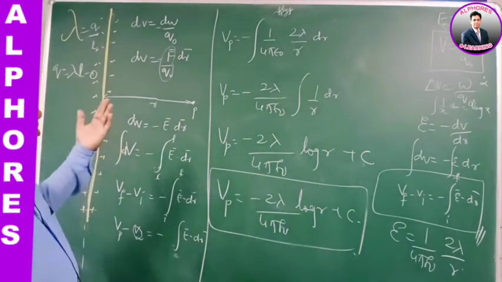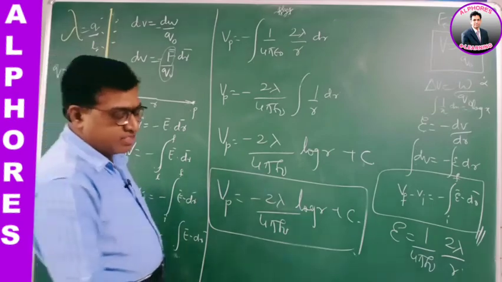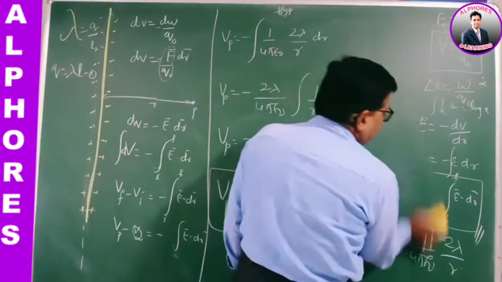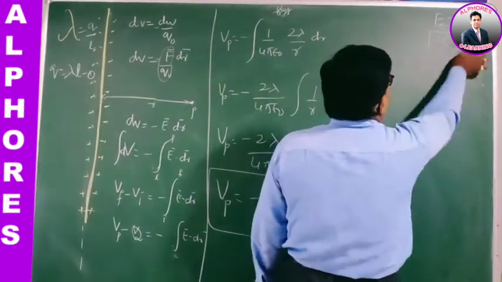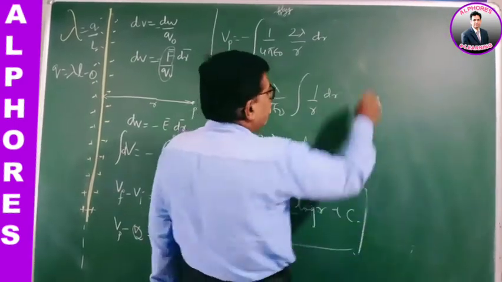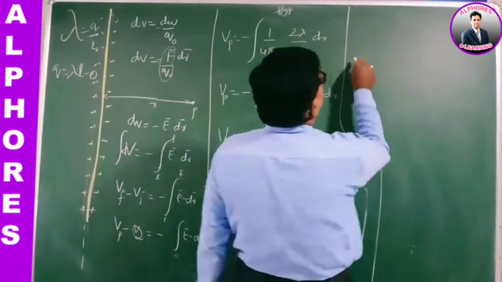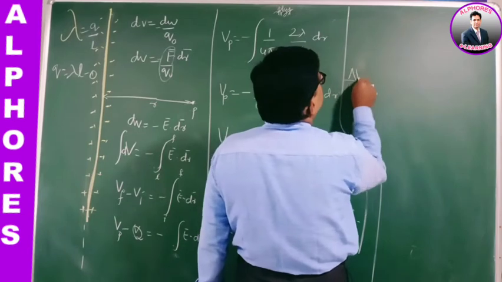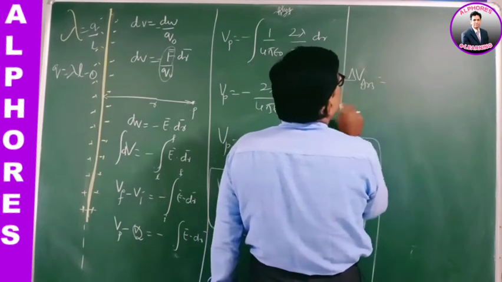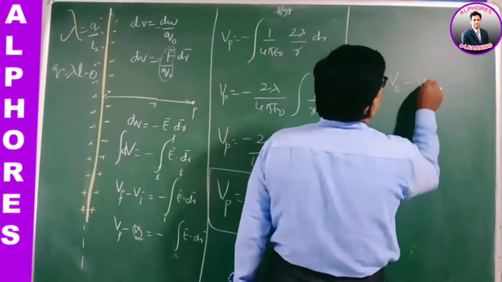Suppose I have to find the potential difference between 2 points A and B, at distances A and B. The potential difference delta V AB is VB minus VA.